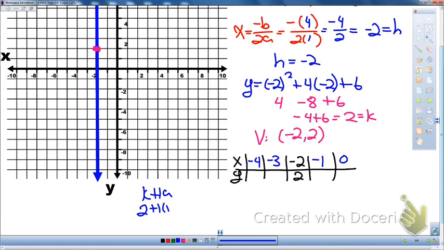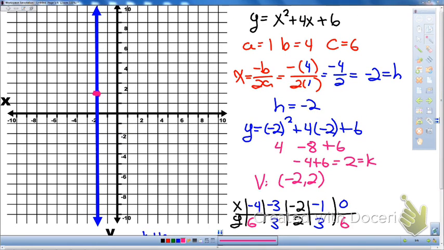Plus 1 times 1. 2 plus 1 is 3. Insert 3 into our table of values. K plus 4a. K is 2. 4 times 1. 2 plus 4 is 6. Insert 6 into our table of values.